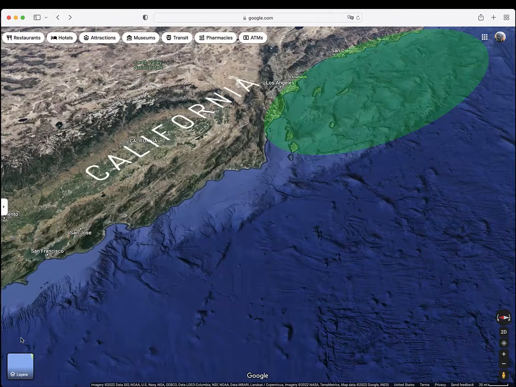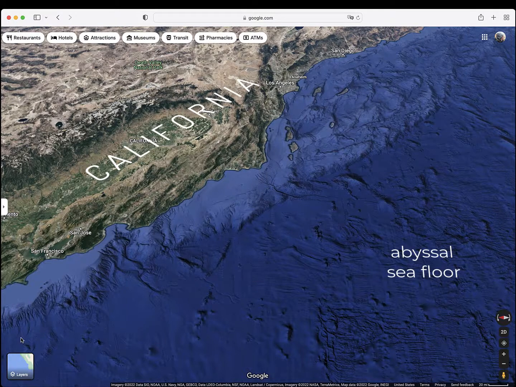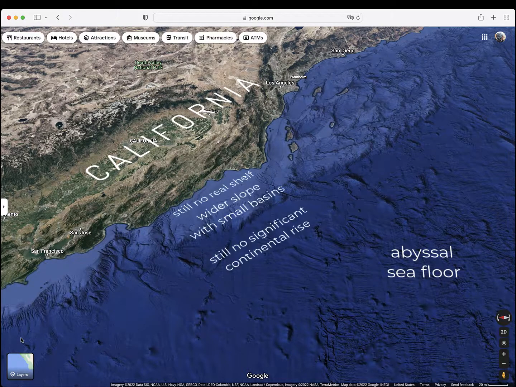In Southern California, tectonism has created a complex submarine topography of islands, ridges, and sedimentary basins, with no real well-defined continental shelf, slope, or rise. This continues into central California, where a very narrow shelf yields to a broader fault basin slope area that abruptly descends to the deep sea floor.